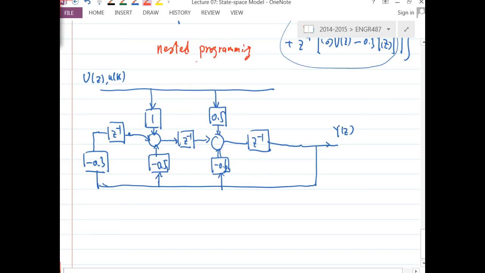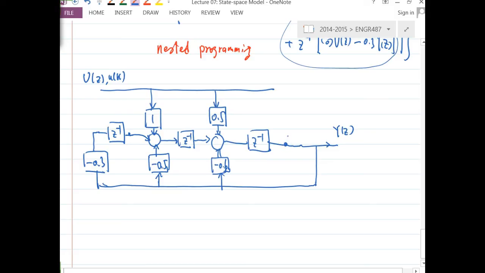And then the next stage, just like the control canonical form, we choose the state variables. So how do we choose a state variable? A rule of thumb is a signal right after the z to the power -1 block. Which three locations are we going to choose for our state space variables?